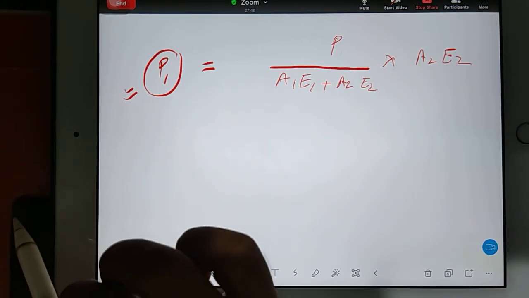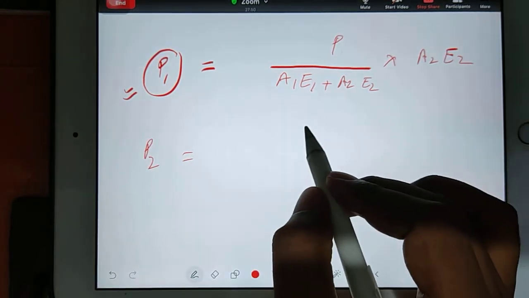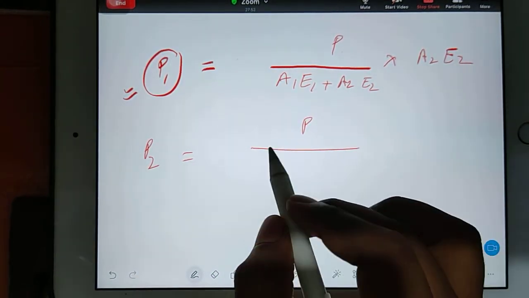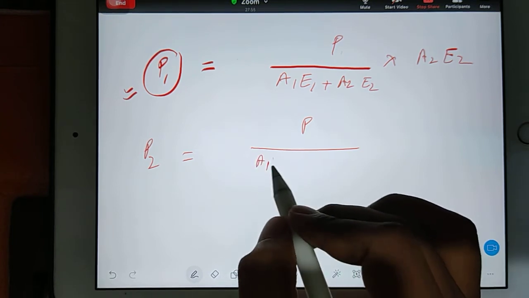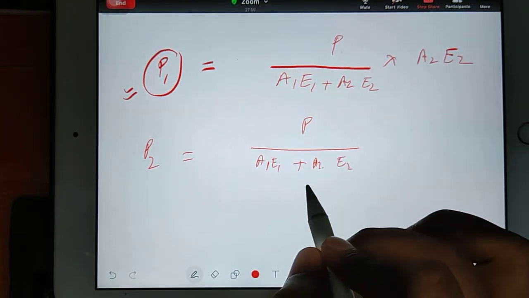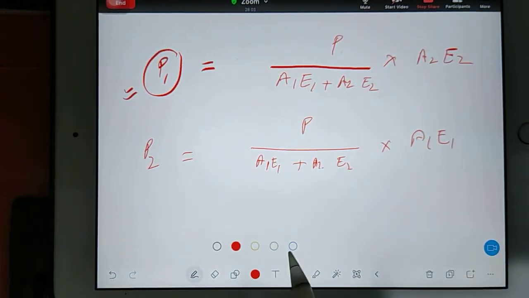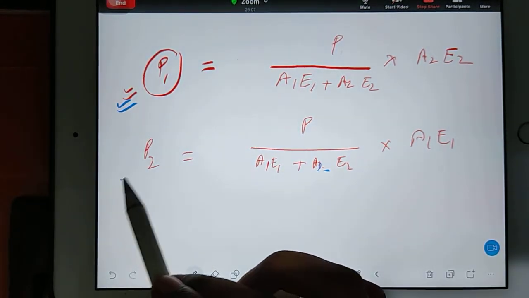This is how you will find out the P1 formula. Now how will you find out the P2 formula? P, then again A1 E1 plus A2 E2, and after that you multiply with A1 E1. So with the help of this you can find out your P1 and P2.